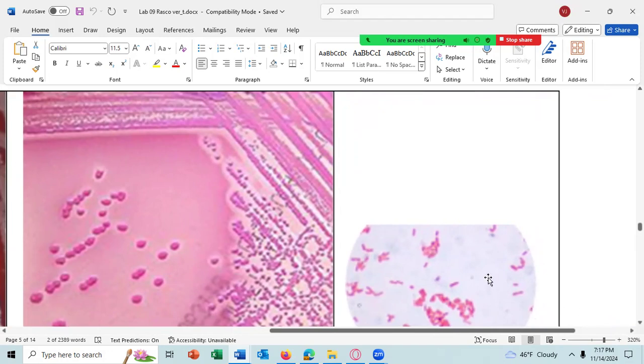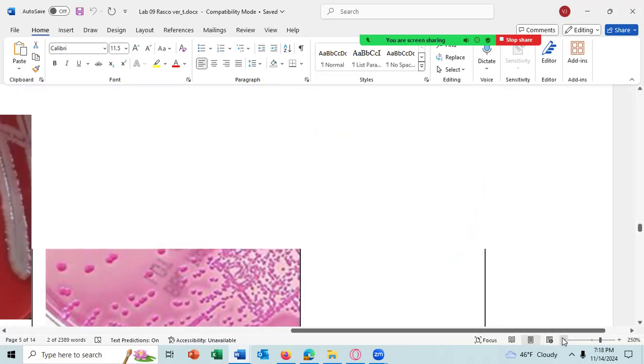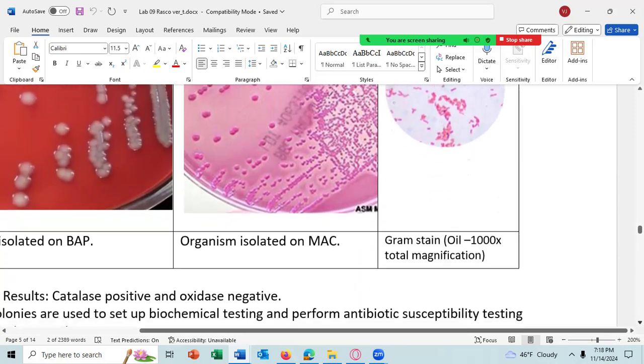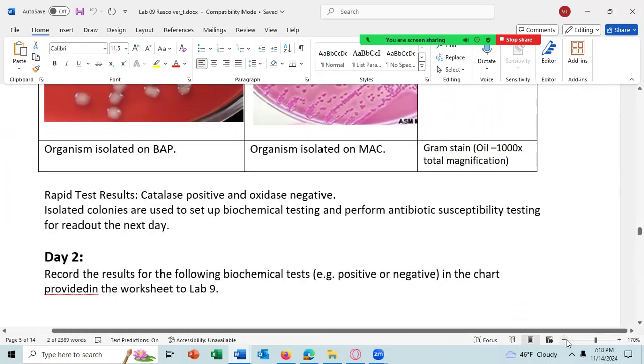So you should be able to determine the shape and the gram stain from this gram preparation. Any questions about that? You do have to blow it up tremendously to get the shape of the cells. So that gives you some information. And then we have some more information. It's a catalase positive organism and oxidase negative.